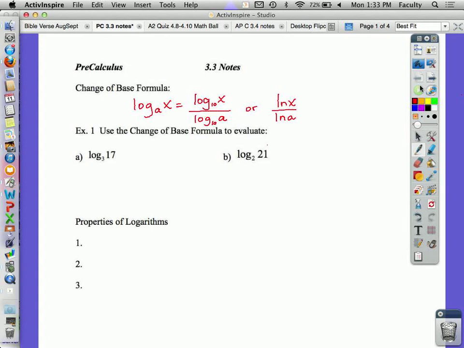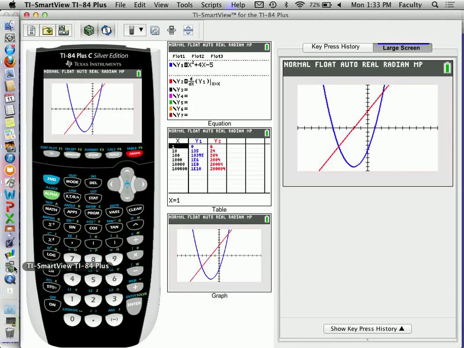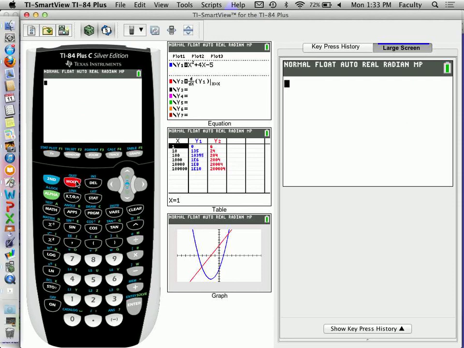So let's look at example 1, letter A. And I just went 2 decimal places. So if I want to do log 17 base 3, let me pull my calculator up. And that would be like ln 17 divided by ln 3.